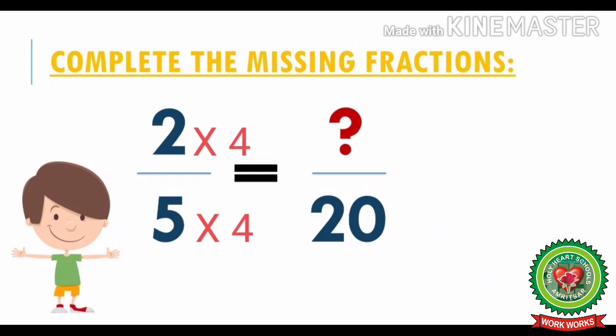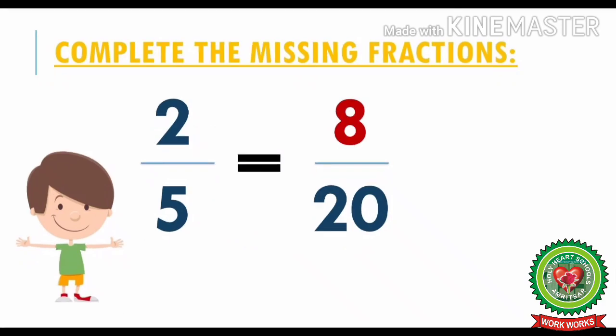Since we are multiplying by 4 in the denominator, we will also multiply by 4 in the numerator. So, 2 fours are? Yes, 8. So, our missing fraction is 8 upon 20. That means 2 upon 5 is equal to 8 upon 20.